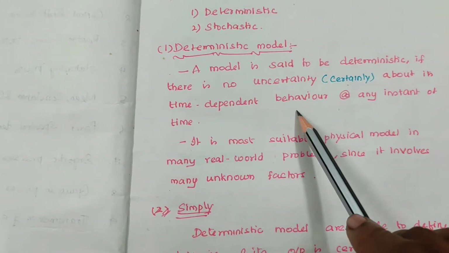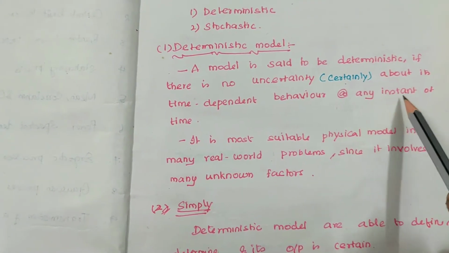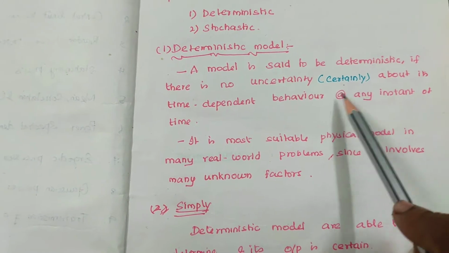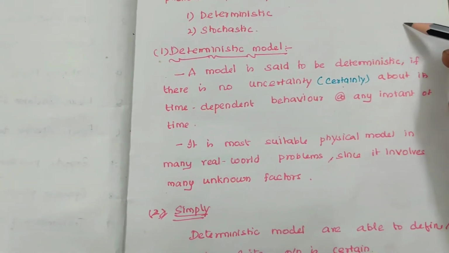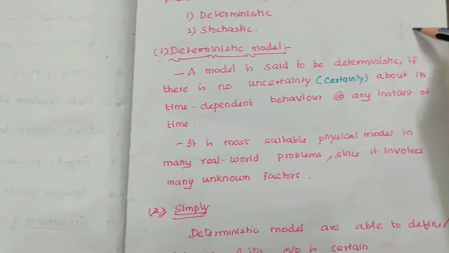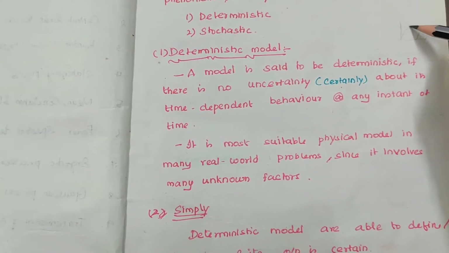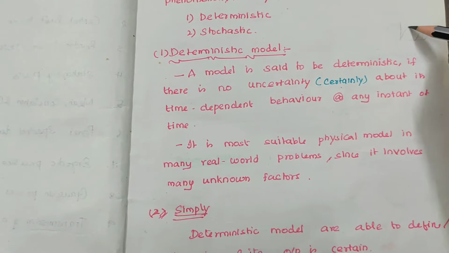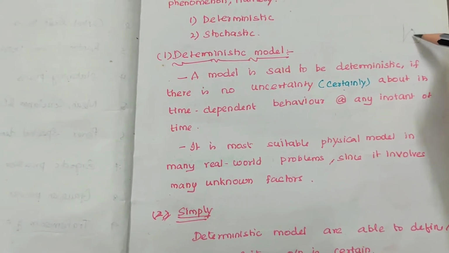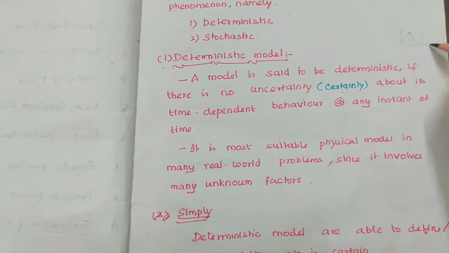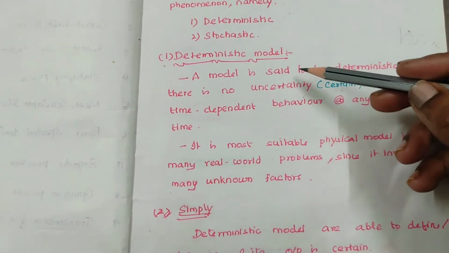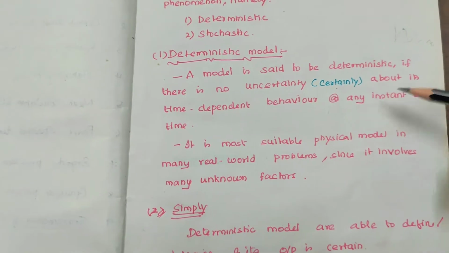That is, we can certainly tell its behavior at a particular time. For example, if I give a signal and want to determine its activity at some point, it can be determined based on the time parameter at any instant of time. That is why it is called a deterministic model.